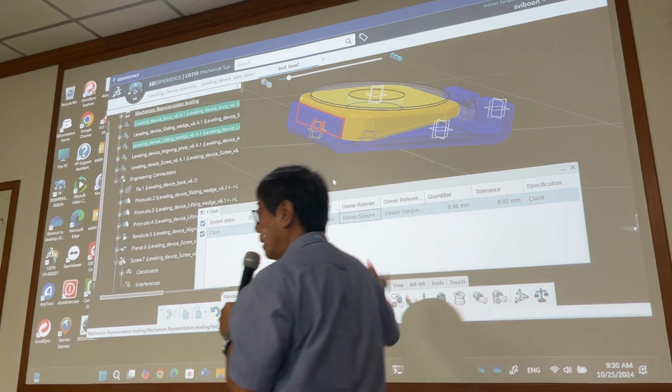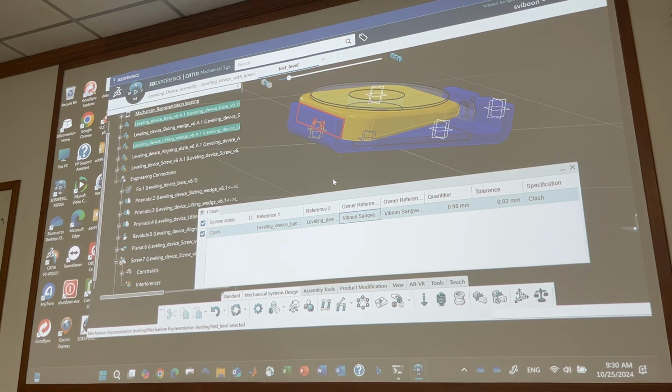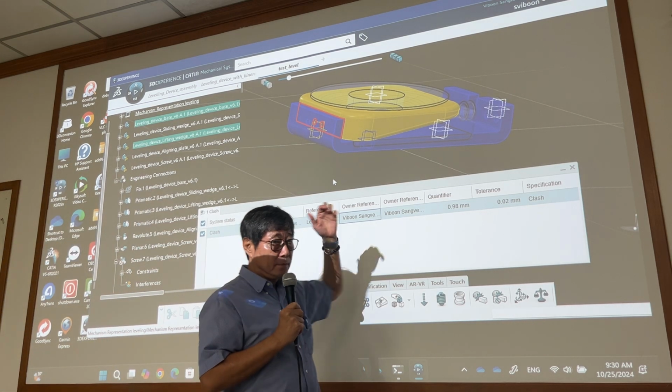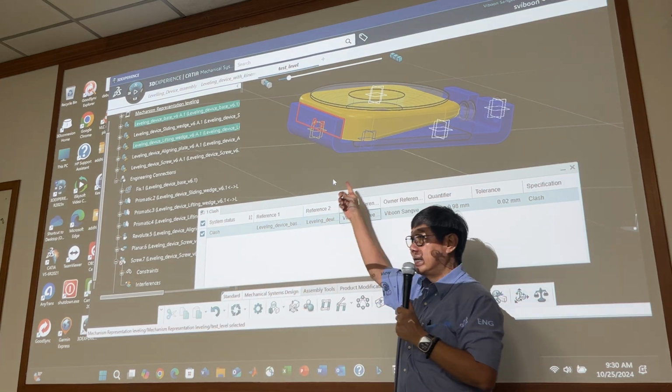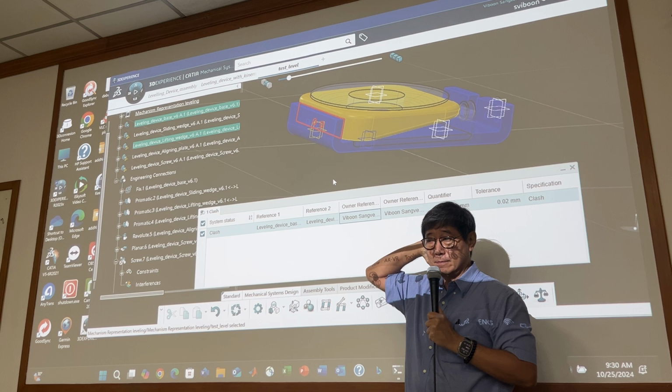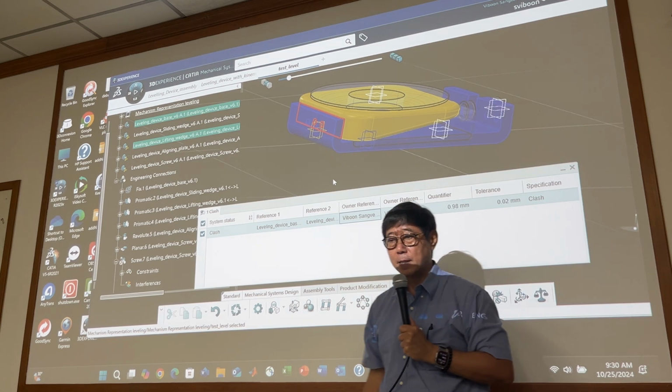If your model has a crash, you can lose 1 grade. If there are many, 2 grades. Crash is very important anyway. So if you do it with my dimension, you're going to have a crash. You have to modify it.